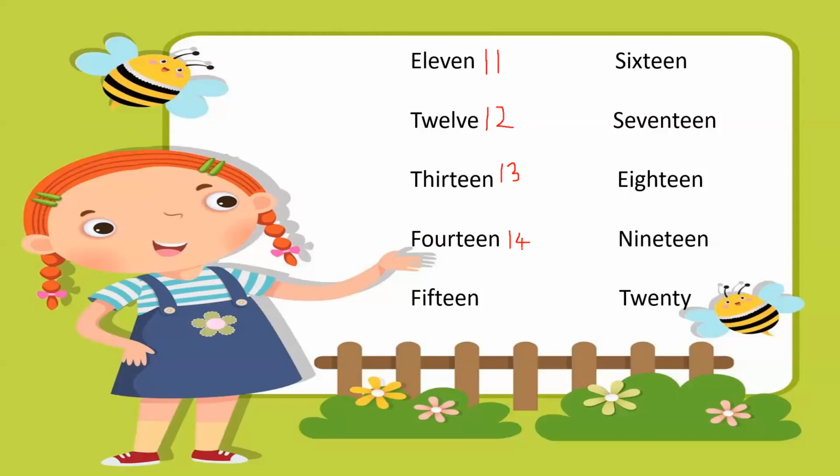How to write number 14? Pavni, you have written the number 14 spelling wrong. F-O-U-R-T-E-E-N. Okay, here U will come. 14. 1, 4, 14 we will write.